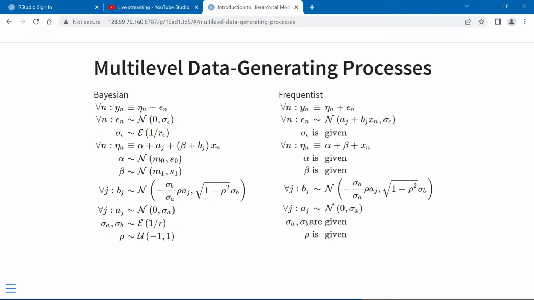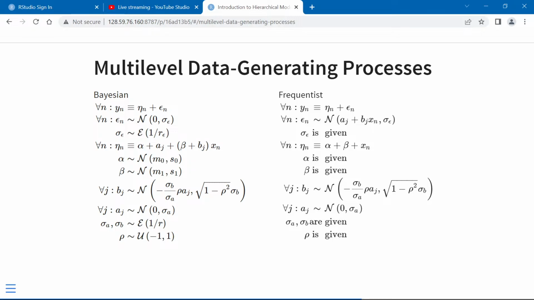So classic frequentist assumption, parameters are given. Now you might say, if they're given, why don't we have them? That would be a reasonable question to ask. But if you were doing this on a computer, you would just fix sigma epsilon to be some value, and the same for all the other parameters.